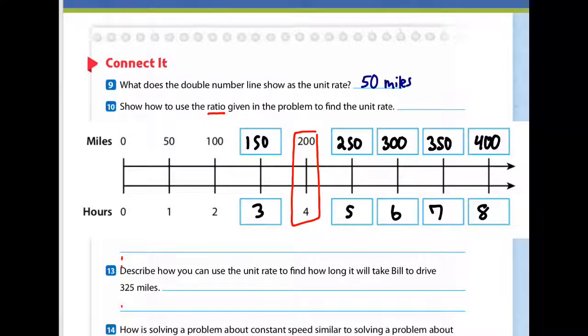So they are saying, how would you use that to find the unit rate, which is 50? Well, you would just simply divide. You would do 200 divided by 4, and that gets you the unit rate of 50. Okay, so if you had that problem, give yourself a C. If not, you can pause and then continue to go on.